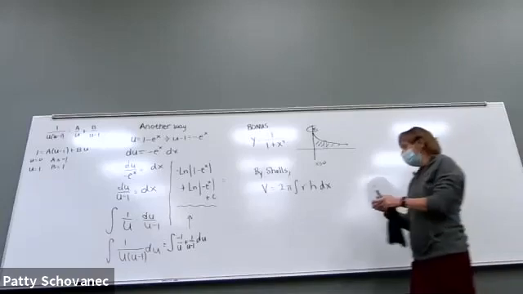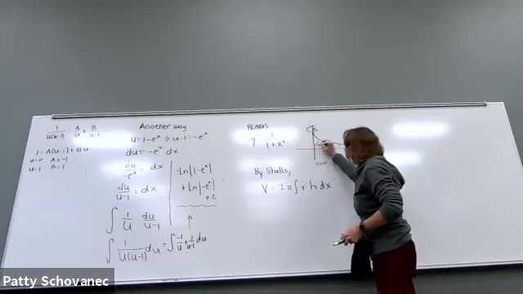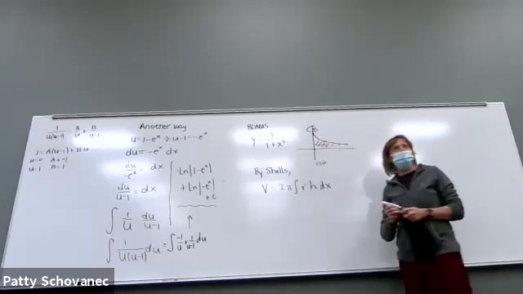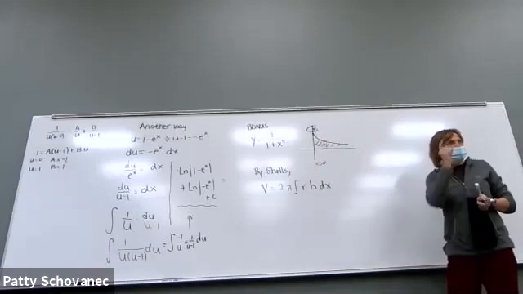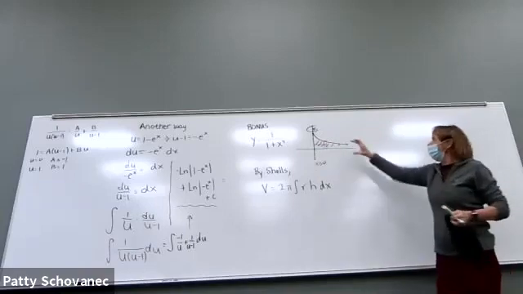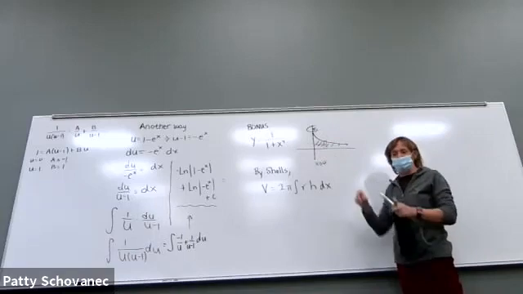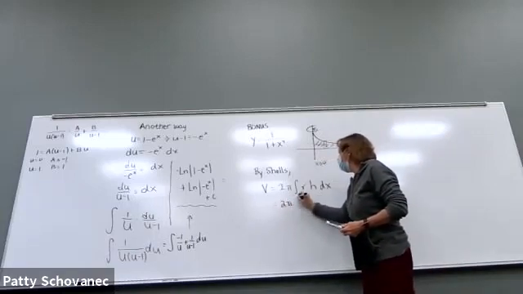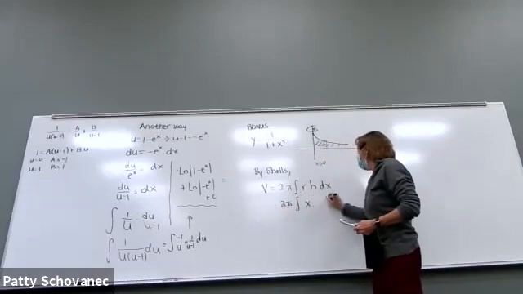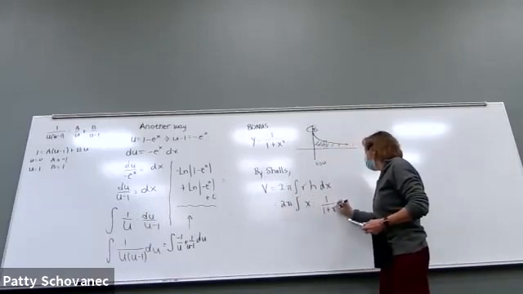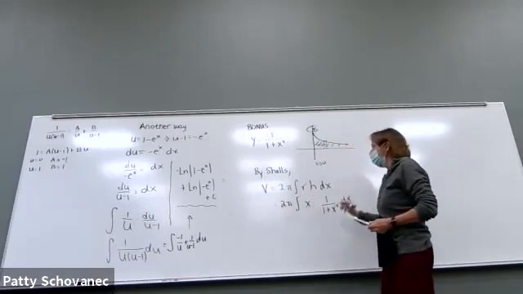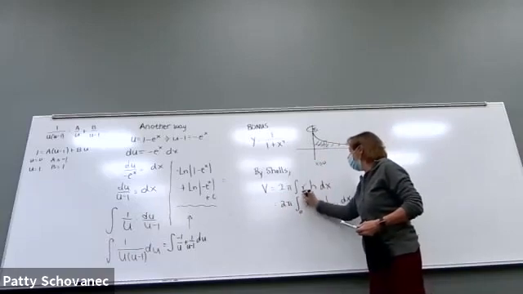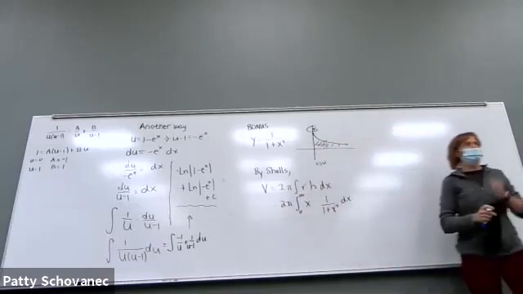Where r is just the distance from the y-axis to the partitioning element, so that's just going to be x. H is the height, which is given by the function value. So we're integrating 2 pi x times 1 over 1 plus x to the 4th dx, and we're going for all positive values of x.